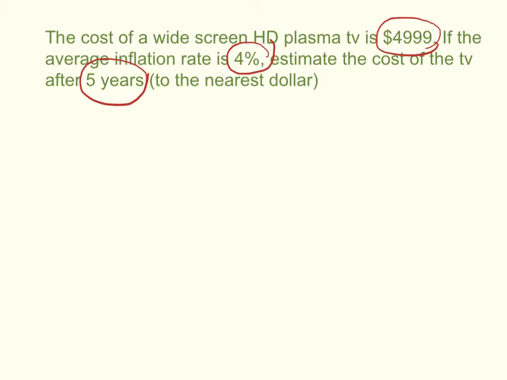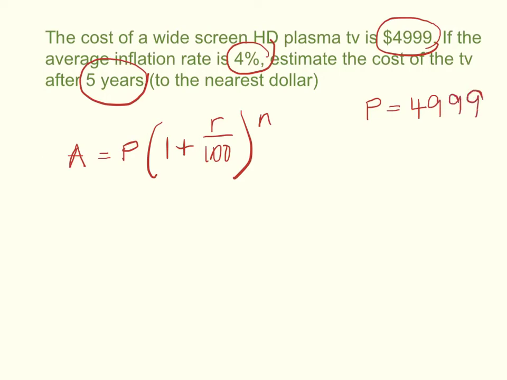So the first thing I'm going to do is write down the compound interest formula. And then over here I'm going to say, well, my P is going to be 4999, my R is going to be 4, and my N is going to be 5.